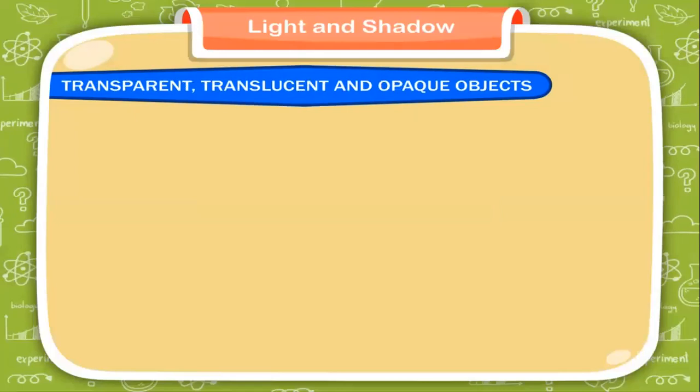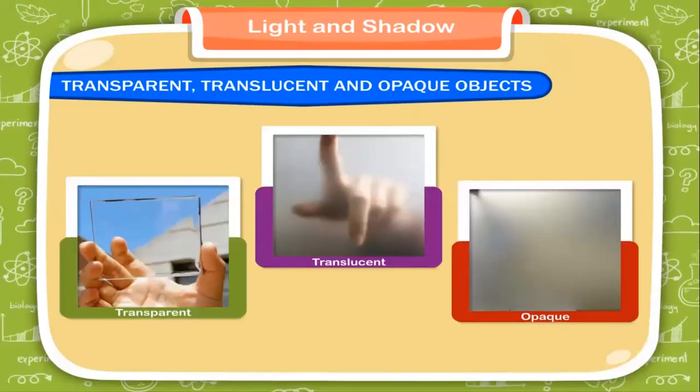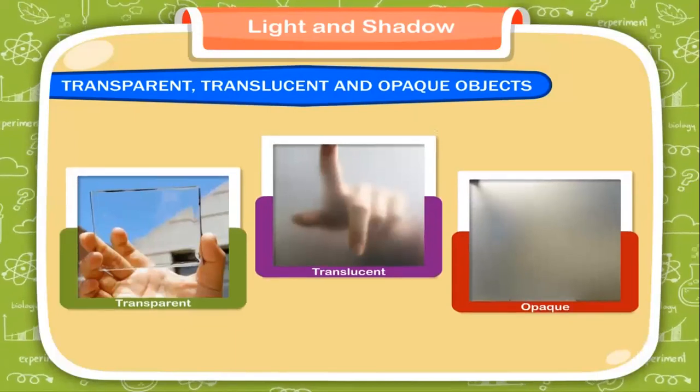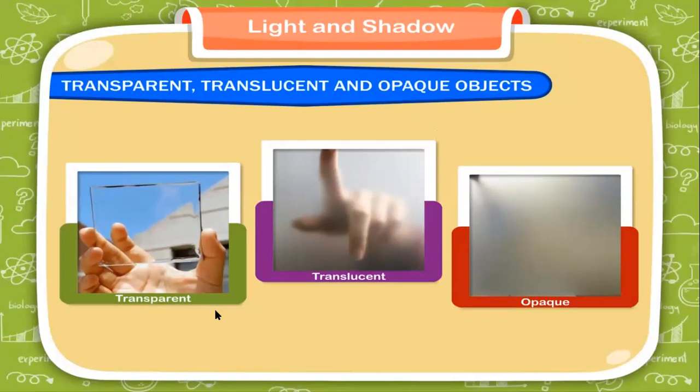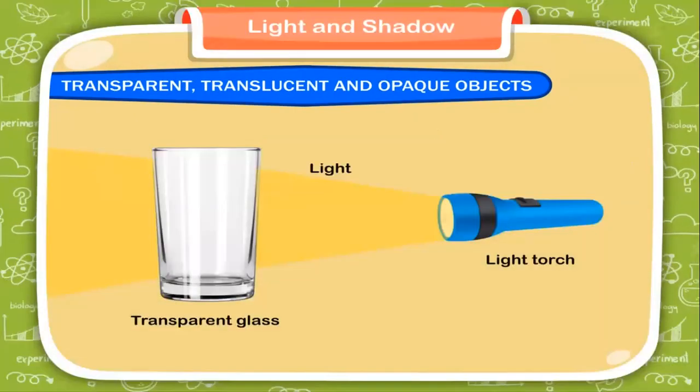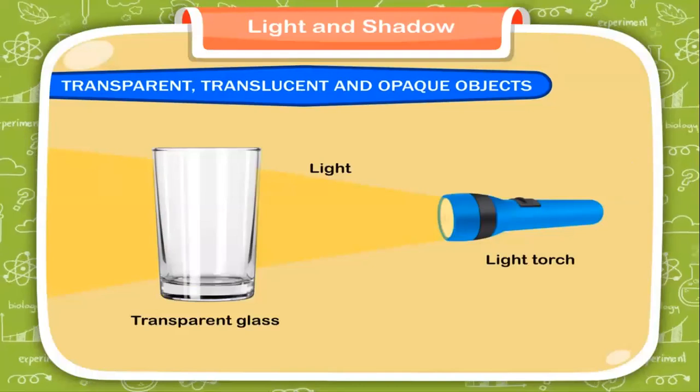Transparent, translucent, and opaque objects. When light falls on an object, it can have either of the three effects on it: transparent, translucent, and opaque. The objects which allow the light to pass through them completely are called transparent objects.